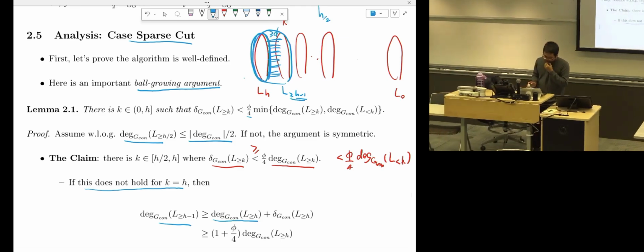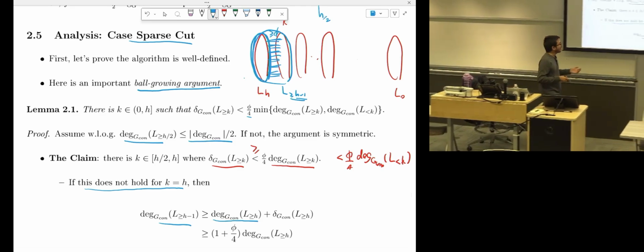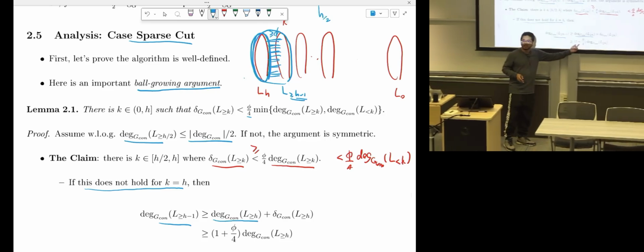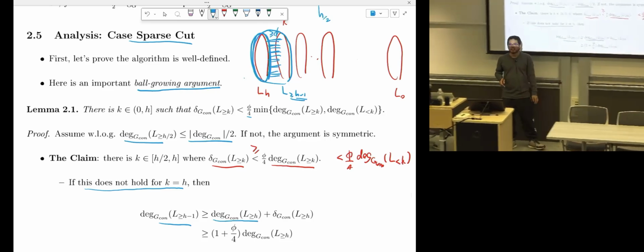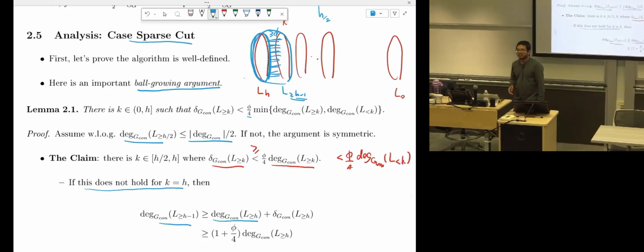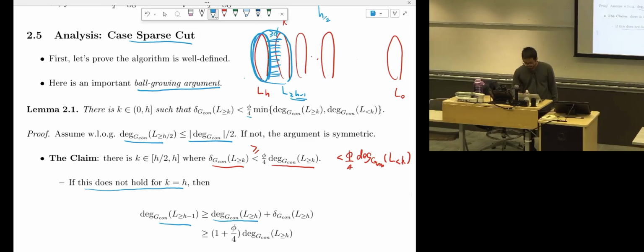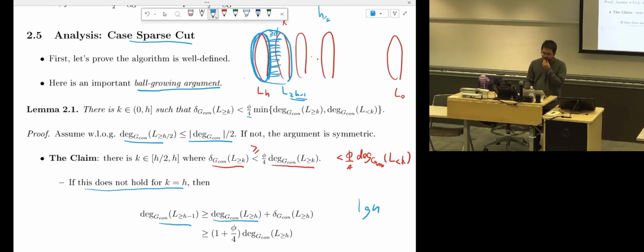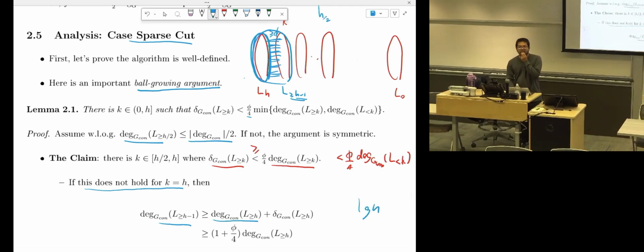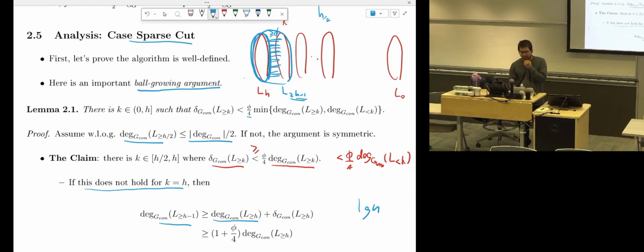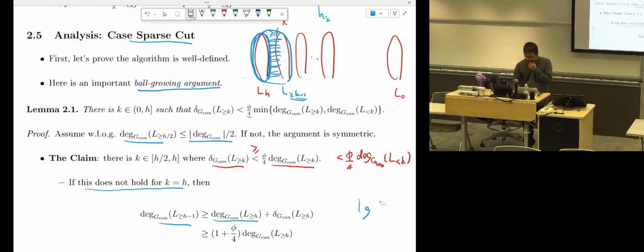So how many layers can you expect this can happen? Just log n. Log n is not enough. It should be log n over phi.